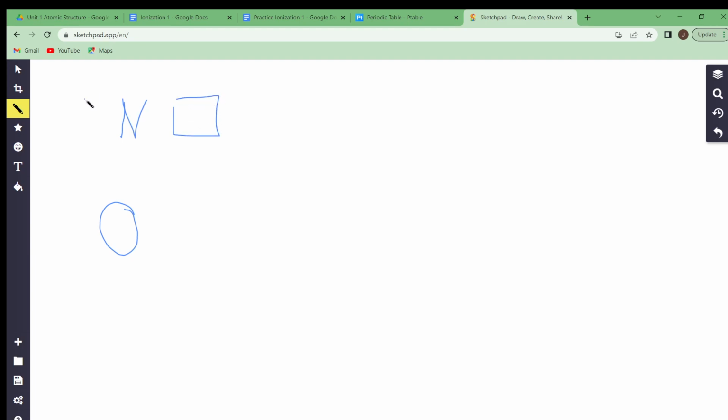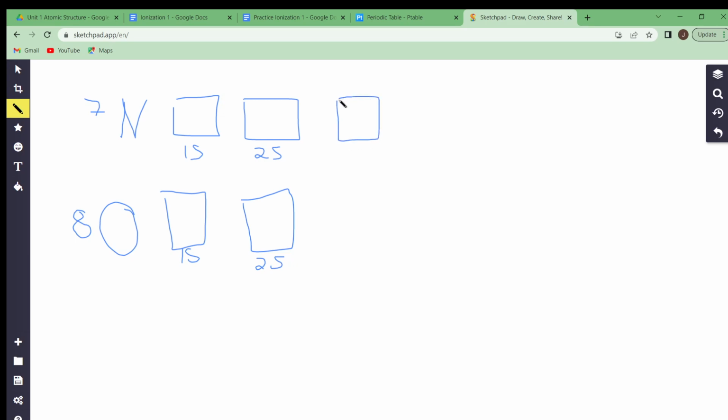Now, nitrogen has a total of 7 electrons. Oxygen has 8. Our first box is 1s. Our second box is going to be 2s. And our final box would be 3s, which actually ends up being 3p.